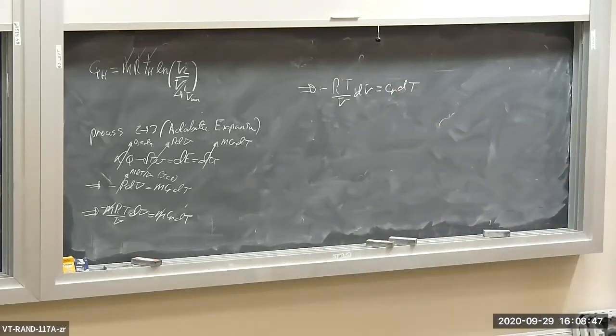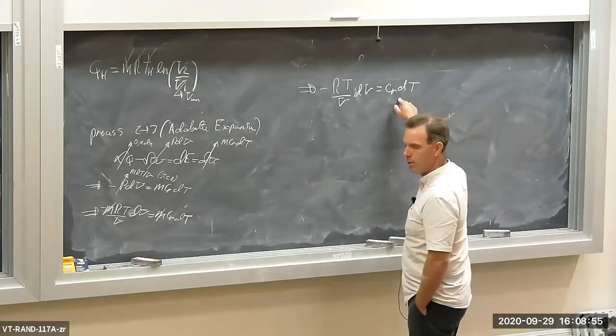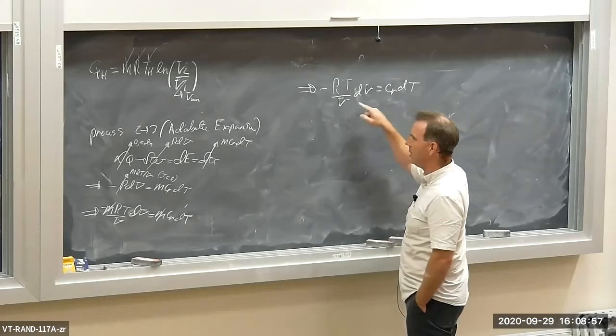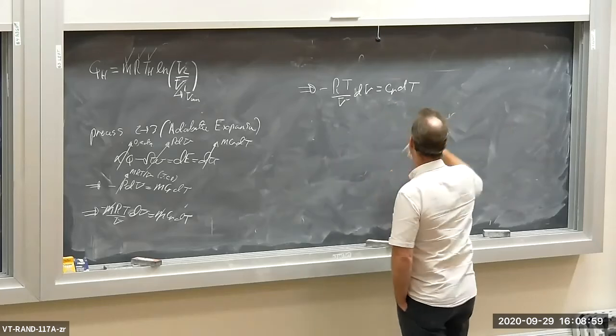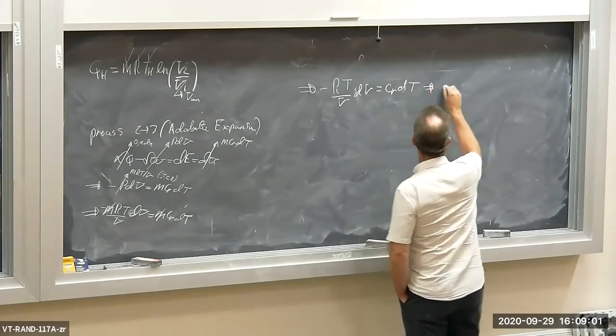Okay, that's from the energy balance differential form. I'm going to separate variables here and I'm going to integrate. I'm going to take all the temperatures and put them over on the right and leave the volumes on the left. Let's see what we get.